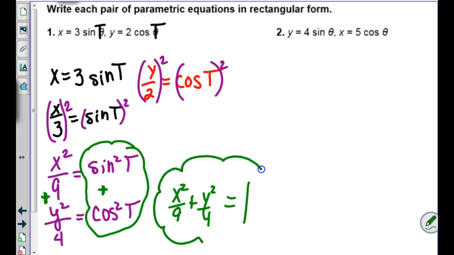Wait a minute. What is that the equation of? An ellipse. Yes? Okay, I want you to do number 2. Do what we just did to number 1 to number 2. Isolate the function.